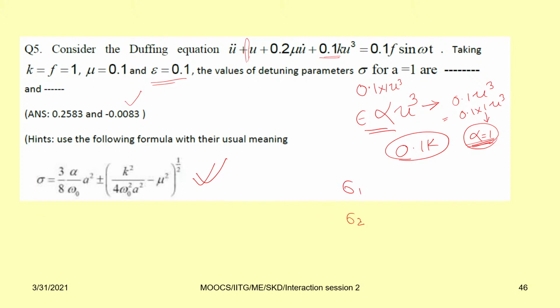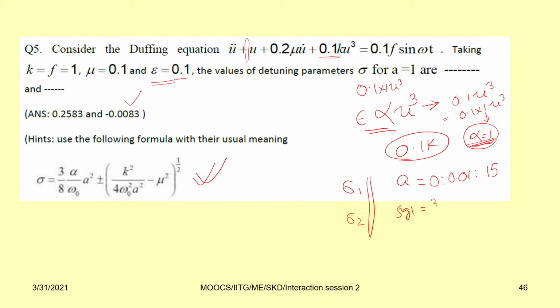So you have two sigma values. Now what do you do? You just write a code, a two-line code. Let me write. Take a, for example, with increment 0.01, and let it go up to 10 or 20. Let it go up to 15. Then you write sigma 1, SIG1, equal to this equation.